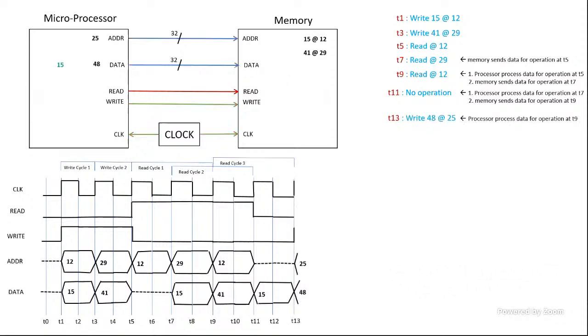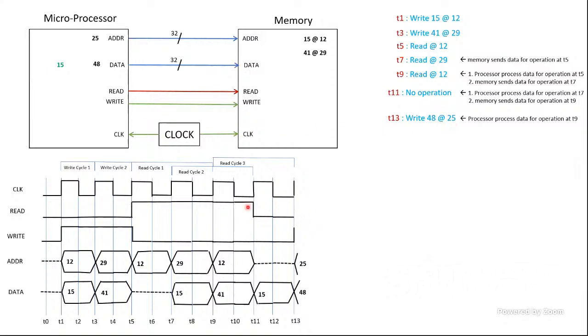At T13, when read cycle 3 is done, your 15 has already come over to the microprocessor. It is being processed, and the microprocessor can reuse the data line to send data 48 back to the memory along with the address 25. So at this point, a write operation is possible.